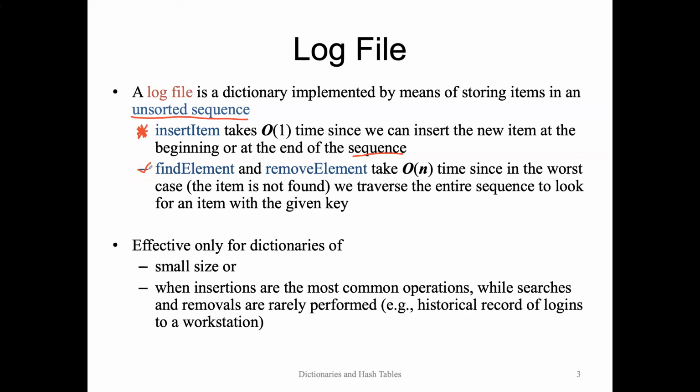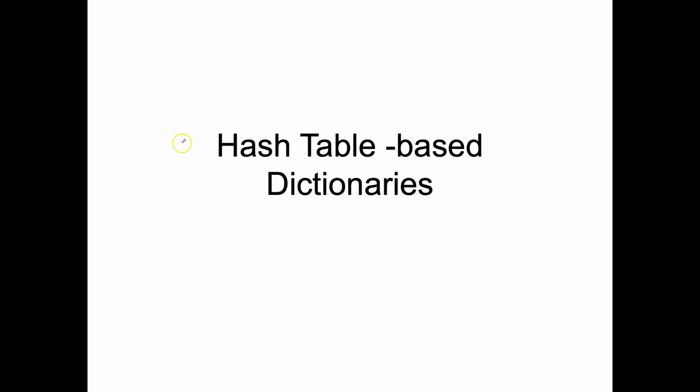But we'll see how we can improve the running time of these operations using instead a hash table in order to implement these unordered dictionary operations to insert an item based on its key, and then find or remove an item based on its key.